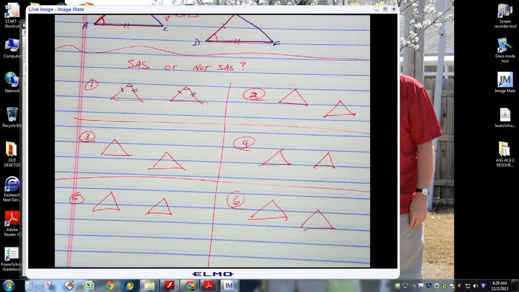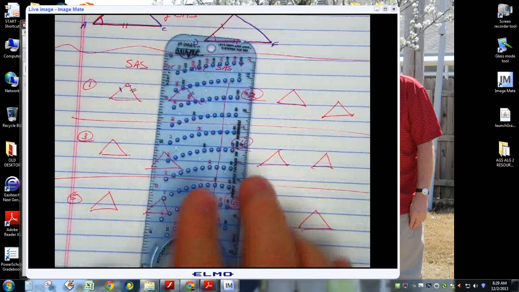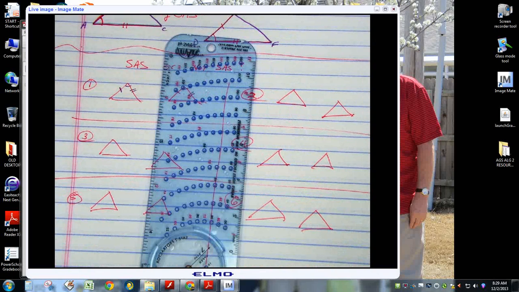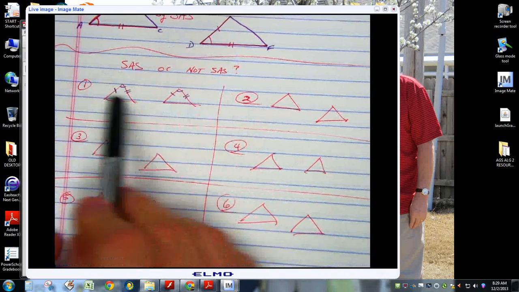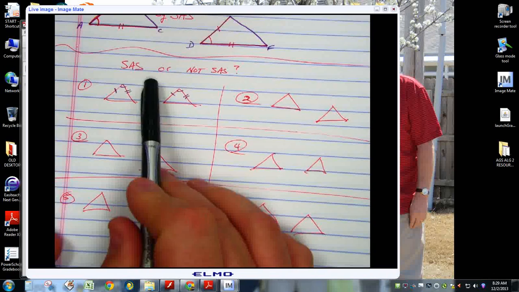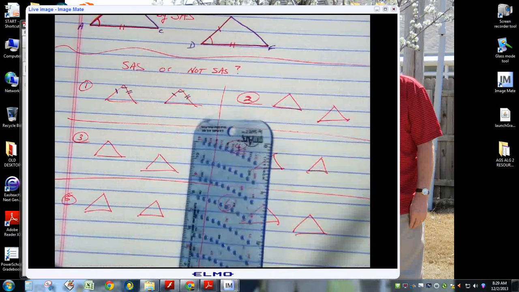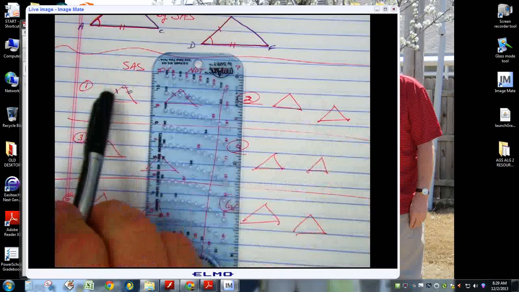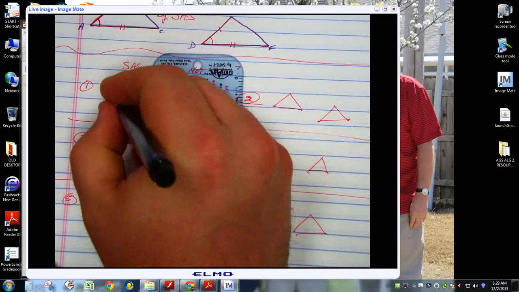Now, here's the deal, guys. You have to look at both of them. Basically, you've got to look at this one on the left. Is it side angle side here? It's obvious in each of these two I have two sides and an angle. I have the three parts I need, but is it the right three parts? Okay, here, I have two sides, right? Draw those two sides.